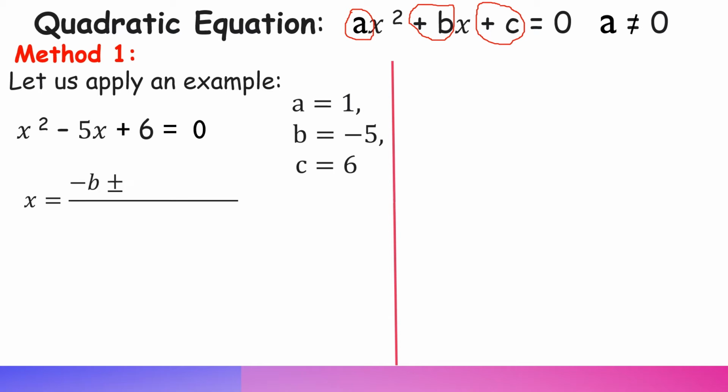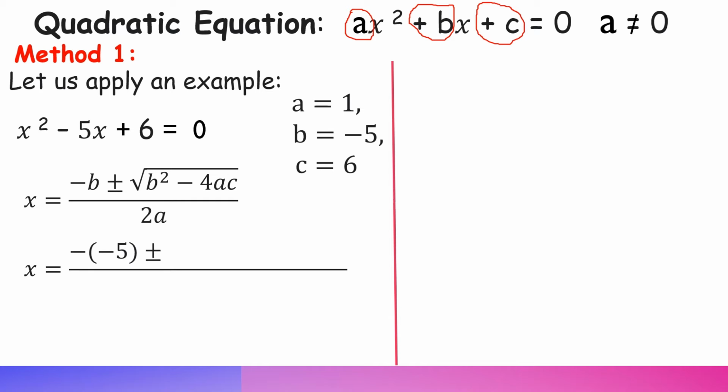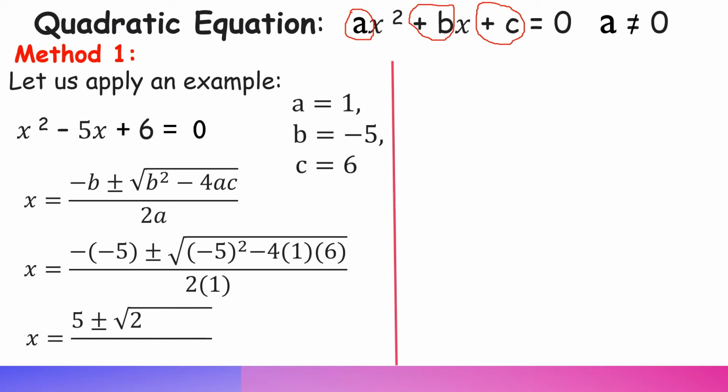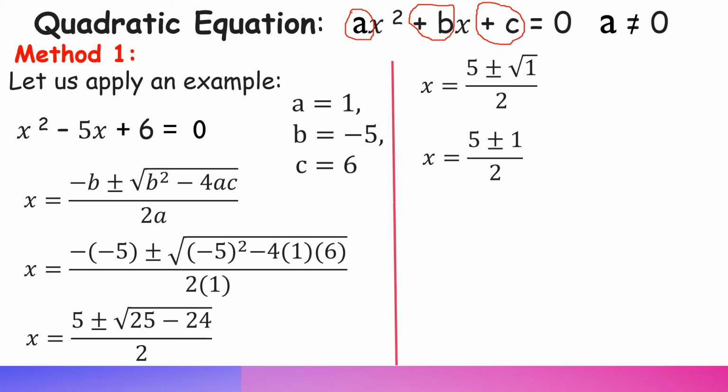Now, we will be applying the quadratic equation formula to quickly solve for x. And since we have the values of a, b, and c, we will be substituting accordingly and simplifying. And in solving for x, we have x is equals to 5 plus or minus 1 divided by 2. That tells you that x is either 5 plus 1 over 2 or x is equals to 5 minus 1 over 2.